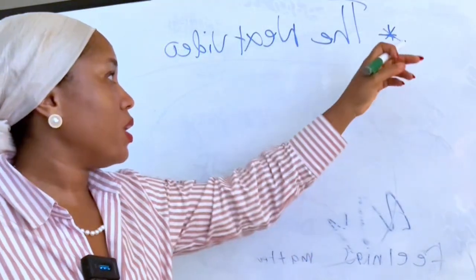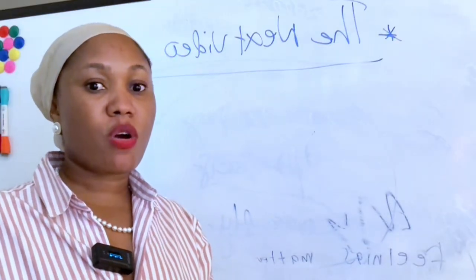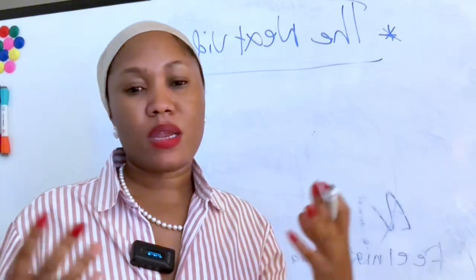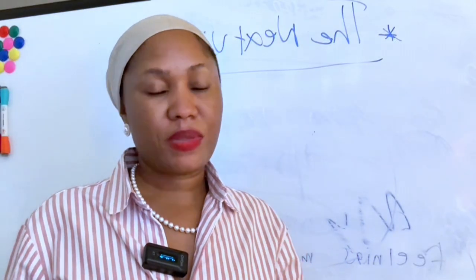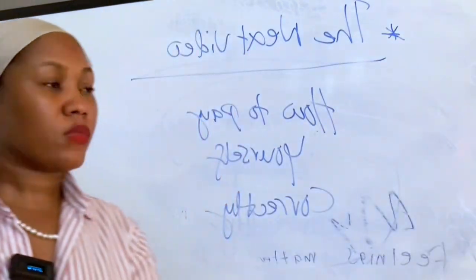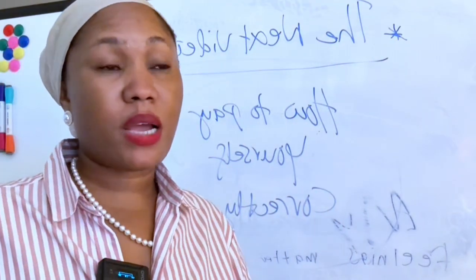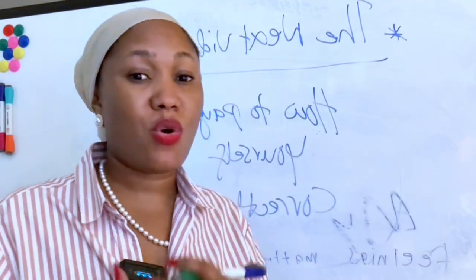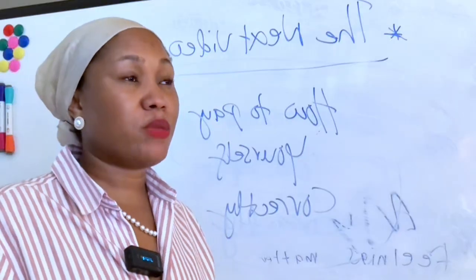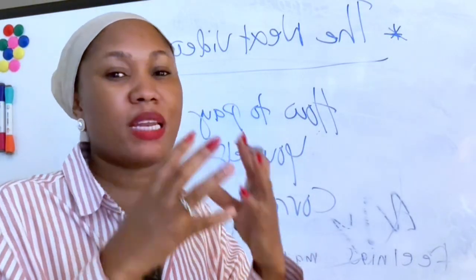So, the next video. In the next video, we're going to be covering one of the most emotional topics in the entrepreneurship journey, and that is how to pay yourself correctly. Because the majority of the time, the reason for the stress and all the awful feelings, the overwhelm, is that most entrepreneurs don't see the need to pay ourselves.